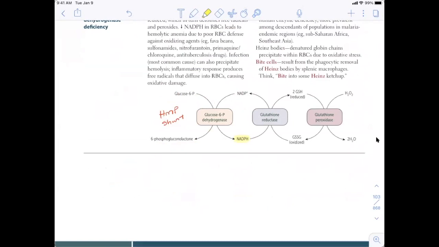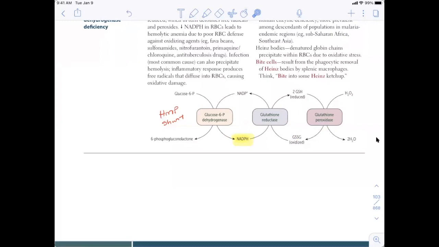Now we get some questions. We have NADPH, that's a start, but what's the essence of having NADPH? Now we move to the right. On the right side, we're going to see why we need NADPH. Let's talk about glutathione. There are two types of glutathione. Glutathione can be oxidized or reduced.